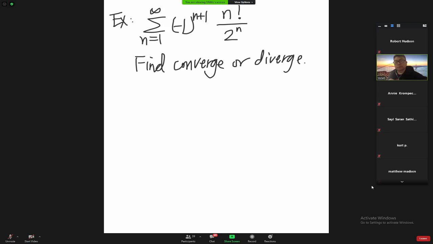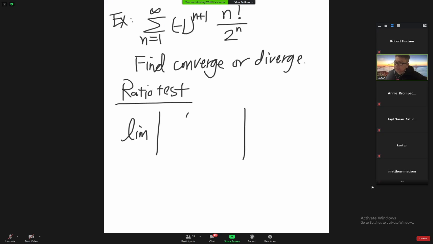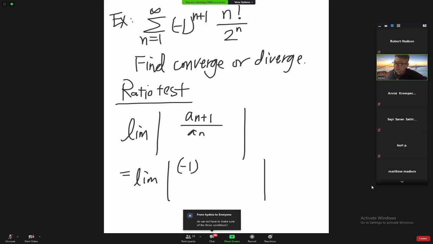Okay, so the ratio test is a good suggestion. Let's try that. Why not try? Just keep trying. Let's do that. The absolute value of a_(n+1) over a_n, right?